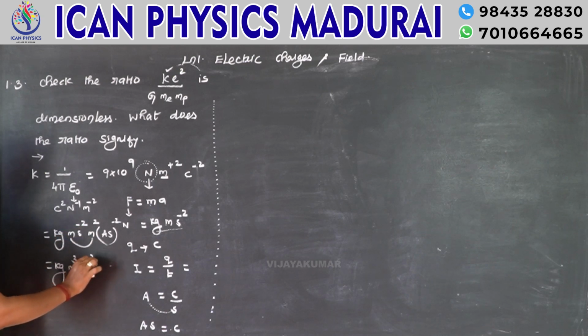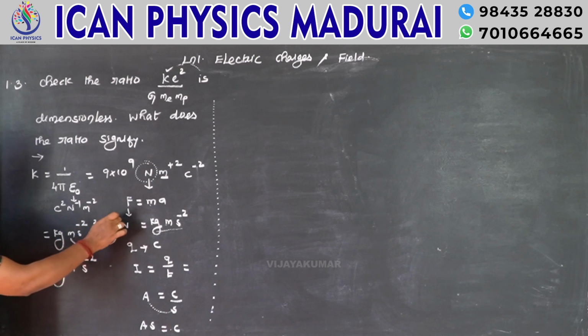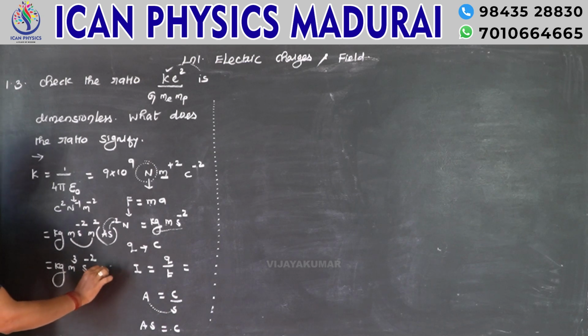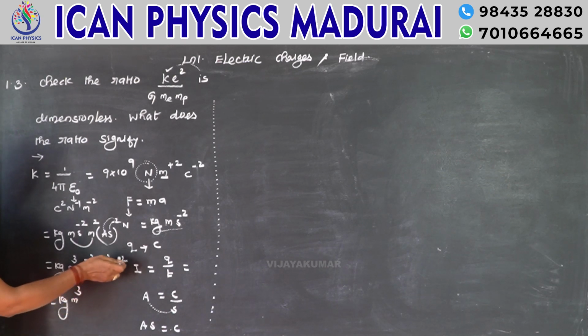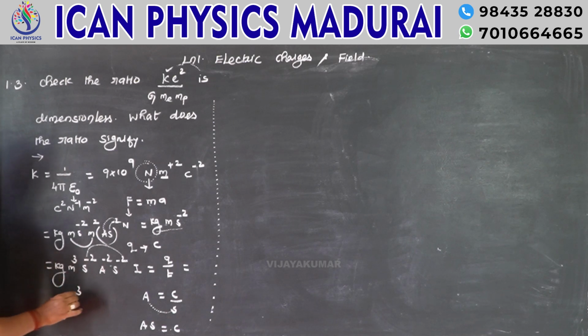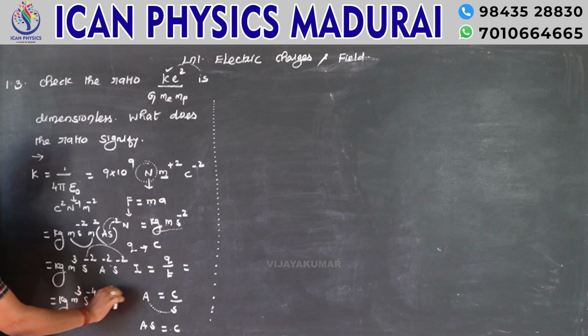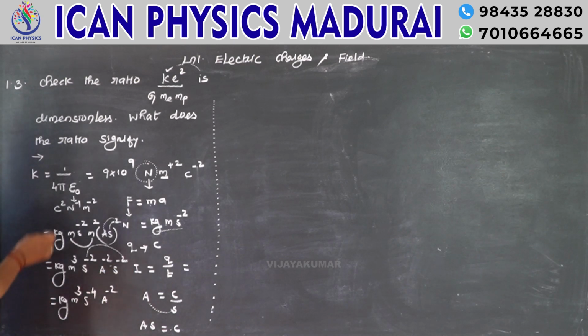Now second power minus 2. The power minus 2 is common to the first term and the second term, so ampere power minus 2, second power minus 2. So kilogram, meter cube, and second power minus 2 with second power minus 2 becomes second power minus 4, ampere power minus 2. So this is the equivalent unit of K.